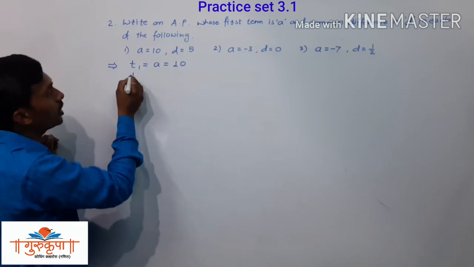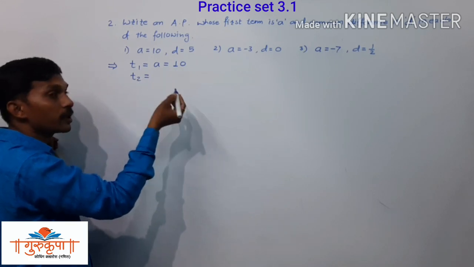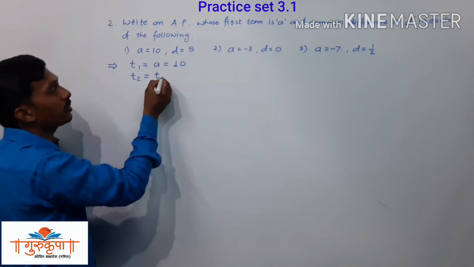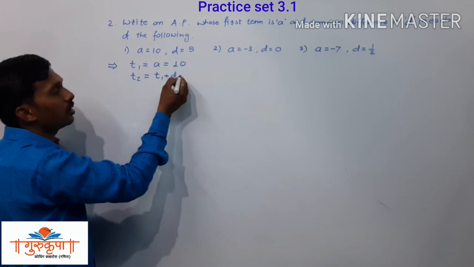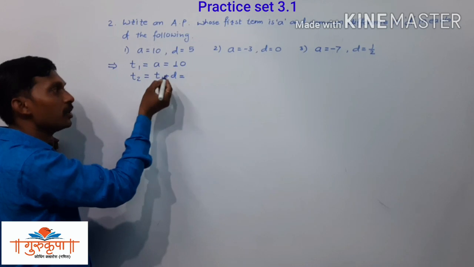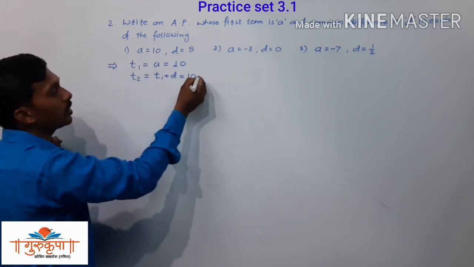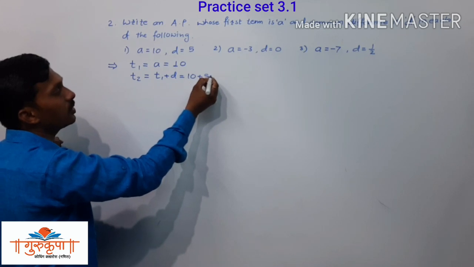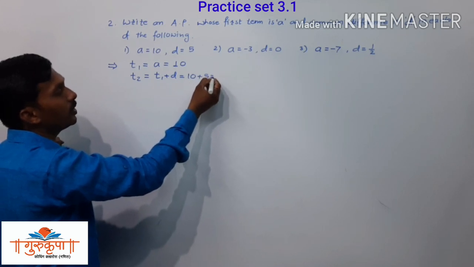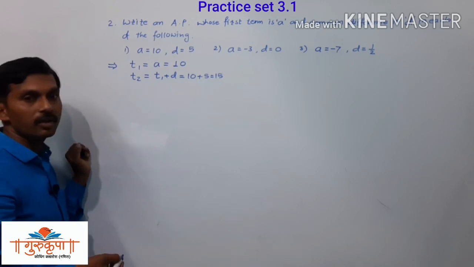Now how to get the second term? It is too easy. We have to add the common difference to the previous term, that is T1 plus D. Here we are getting the second term. Here T1 is 10 plus D is 5, so we get 15 there.